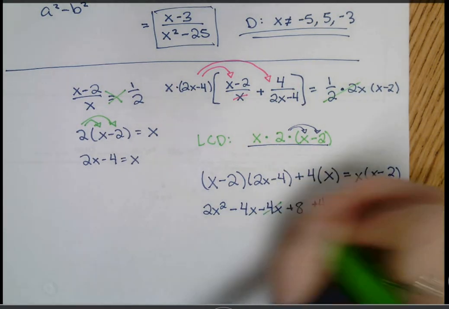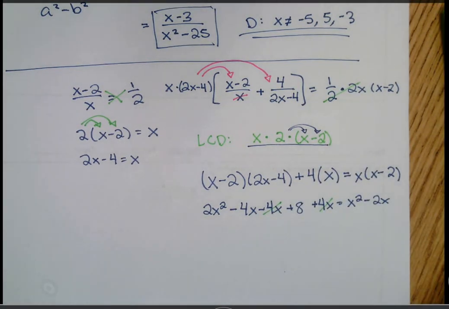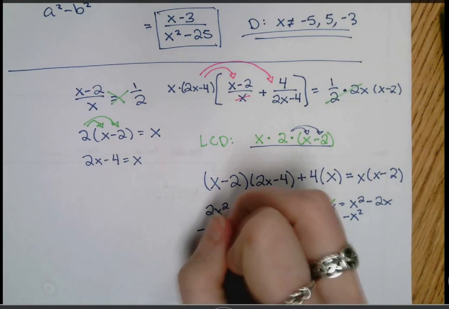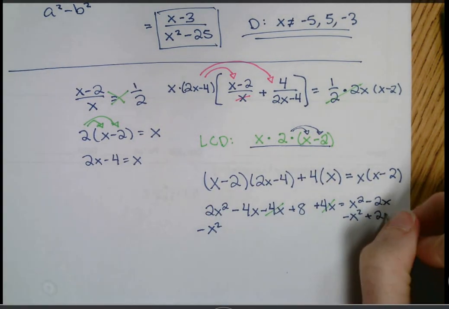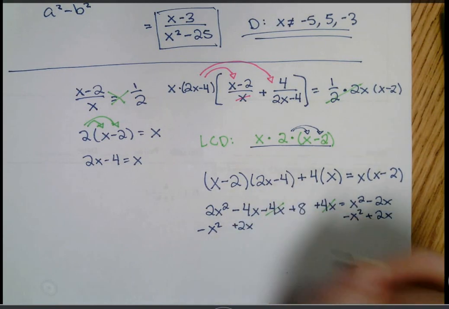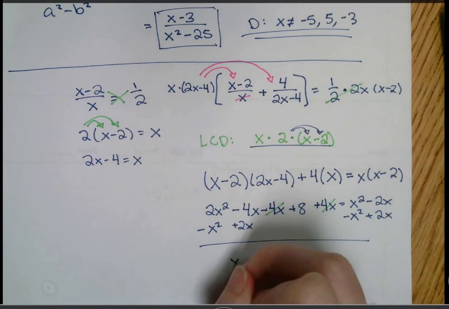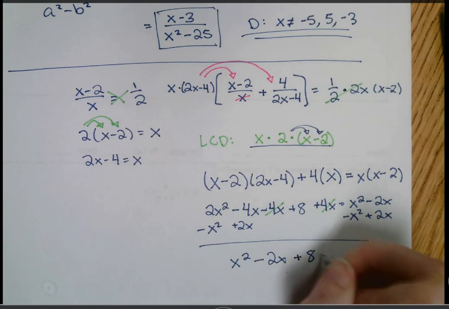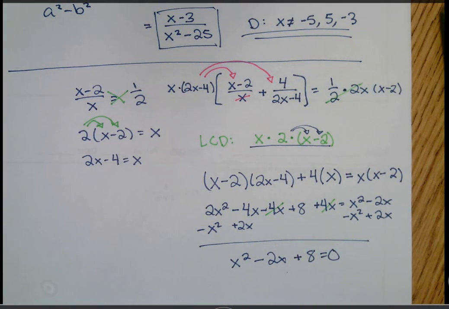So actually, some 4x's cancel here, which is nice. I'm going to subtract an x squared over and add that 2x over. So what we're looking at then is x squared minus 2x plus 8 equals 0. From here, you would have to use the quadratic formula because I came up with this off the top of my head. So there's no nice factors here.